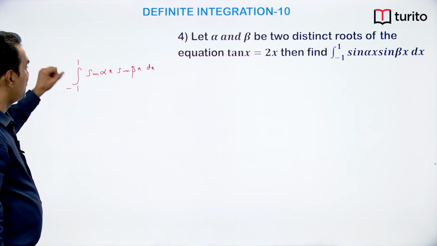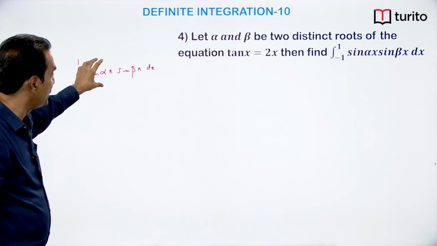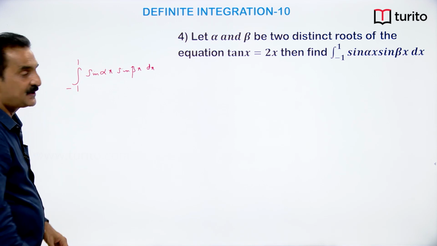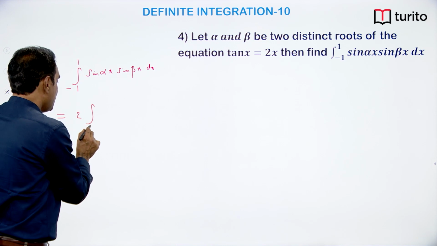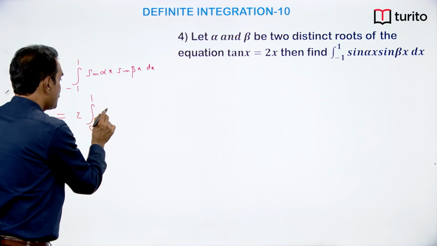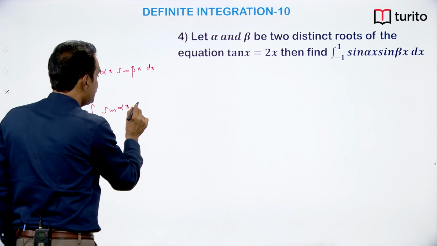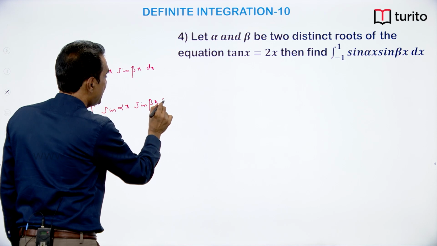First, let us simplify the limits. The function is even, replacing x by minus x we get the same function. So, applying the property of even functions, you can write this as 2 integral 0 to 1 sin alpha x into sin beta x.